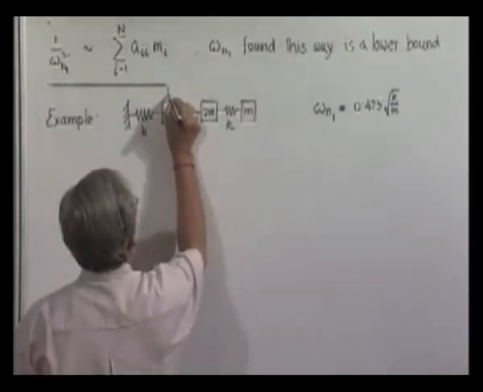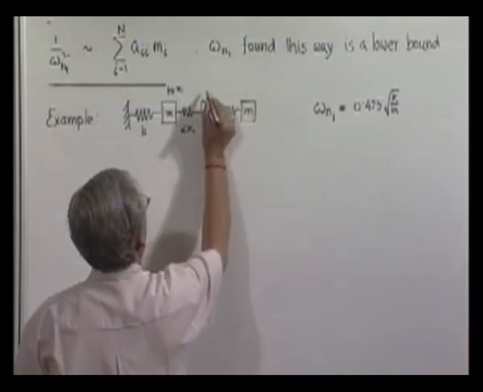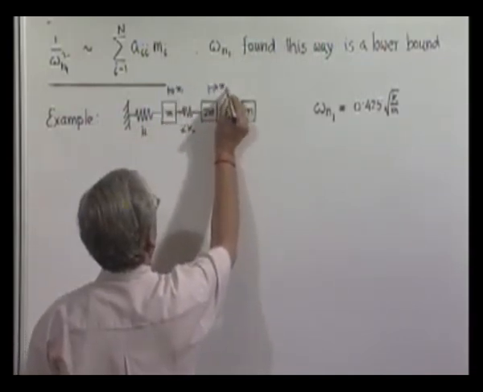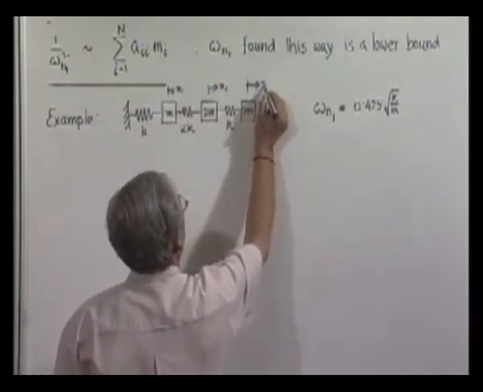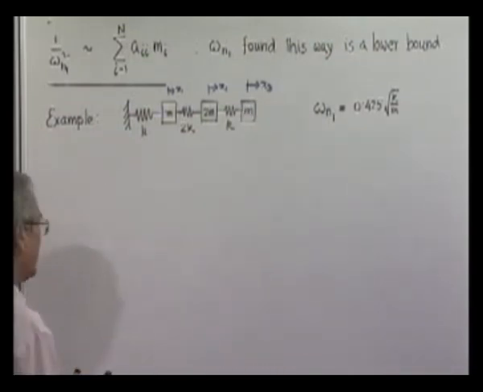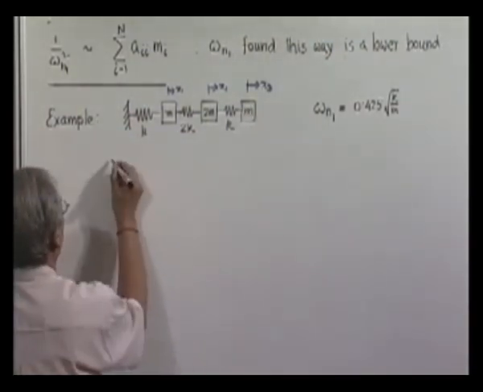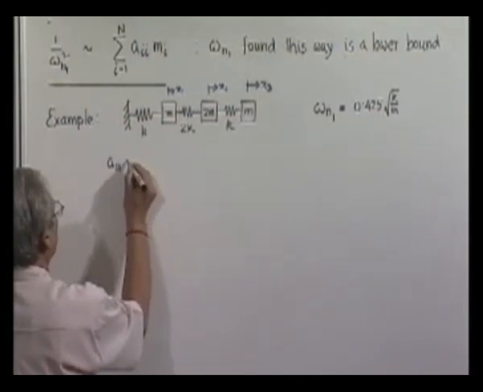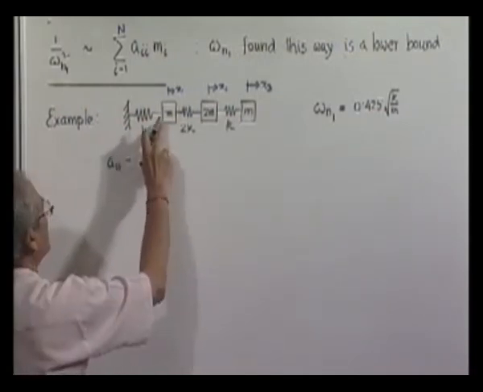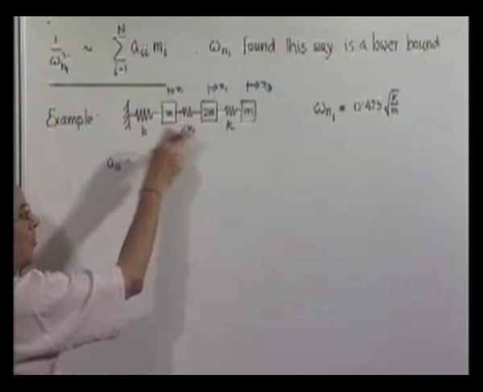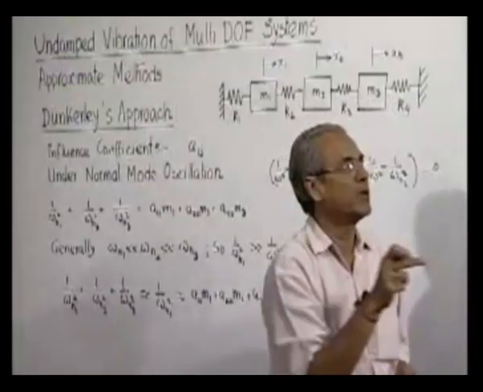This is x1, this is x2, and this is x3. So, what will be A11? We have already found out earlier, but let us find again. A11 is the deflection of station 1 when unit load is applied to station 1 itself.